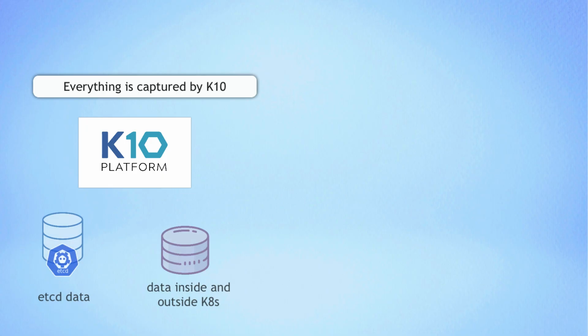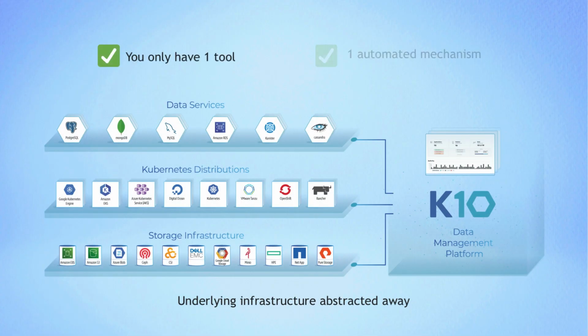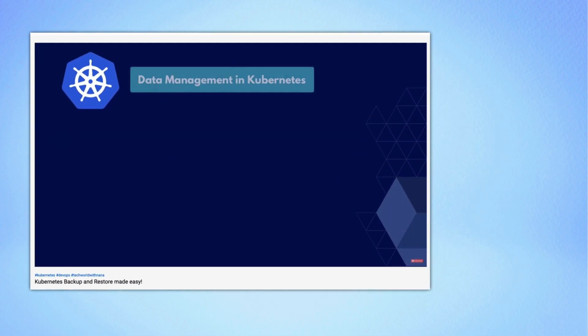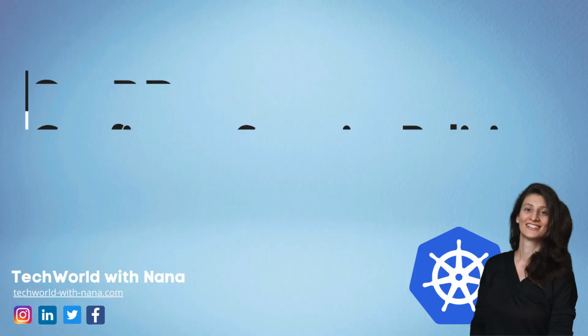And a big advantage of K10 is also that you can back up all the Kubernetes related data with it. So not only the application data in Kubernetes, but also the data outside Kubernetes, plus the etcd stored data. And this is great because you have one tool and one automated mechanism for all your relevant backups for your cluster. If you want to know exactly how K8s backup and restore mechanism works, I actually have a separate video on that. So you can check out the link here or in the video description.